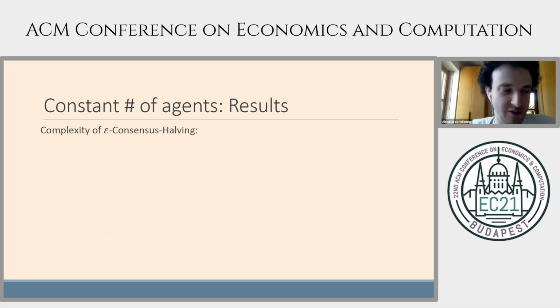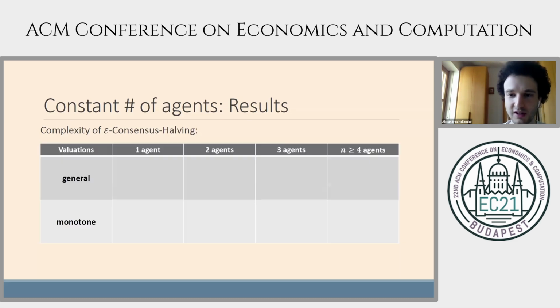So without further ado, let's move to our results. So we show that the complexity of epsilon consensus-halving for a constant number of agents is essentially given by this table. So the rows correspond, first of all, the first row is general valuations, the second row is monotone valuations, and the columns give you the number of agents.